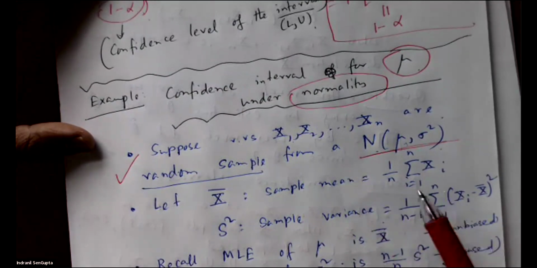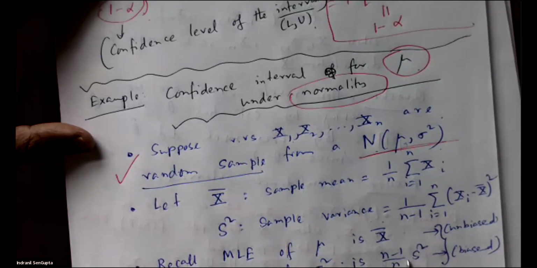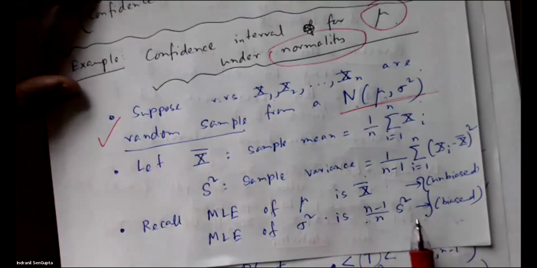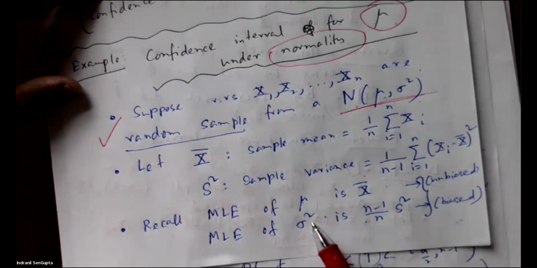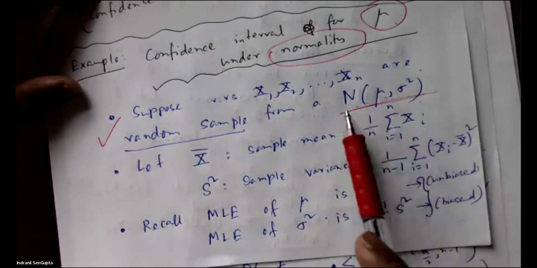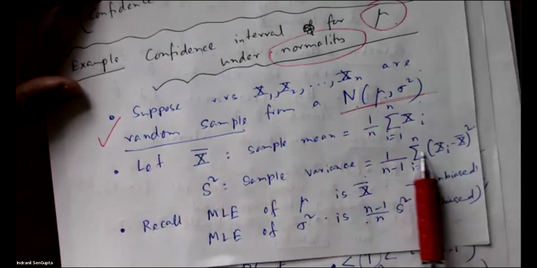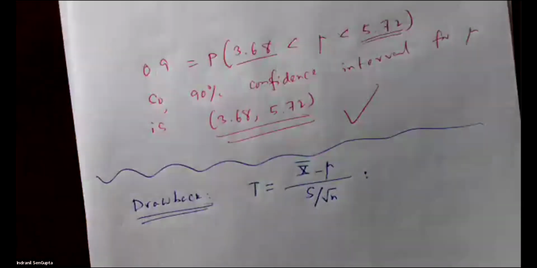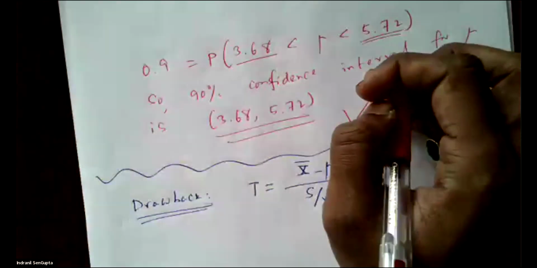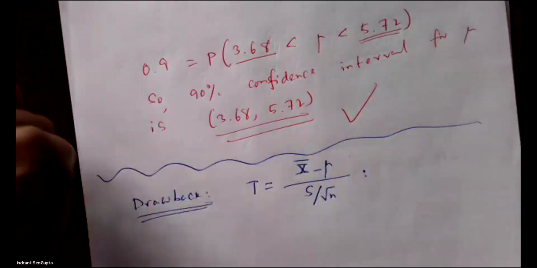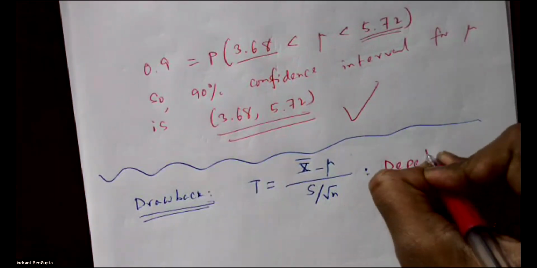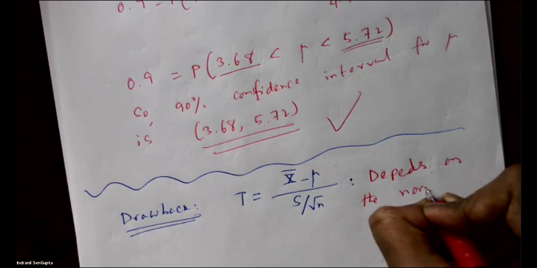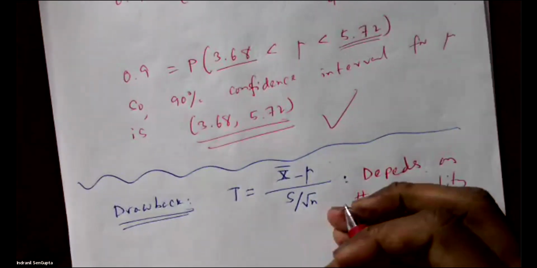Then the sample mean and sample variance are the same, but the maximum likelihood estimators may be different. Here, everything is based on the fact that the original distribution is normal, but these things will change, and consequently everything will change. So in other words, the drawback is that it depends strongly on the normality of the sample items.